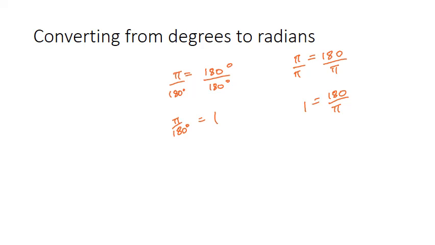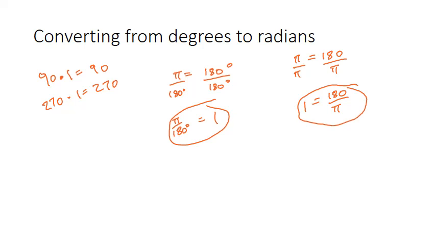Now think about what happens. If I take 90 and multiply it by 1, it's still equal to 90. Or if I take 270 and multiply it by 1, it's still 270. So maybe we can use these conversion factors to help us out. Let's say we wanted to convert 90 degrees to radians.